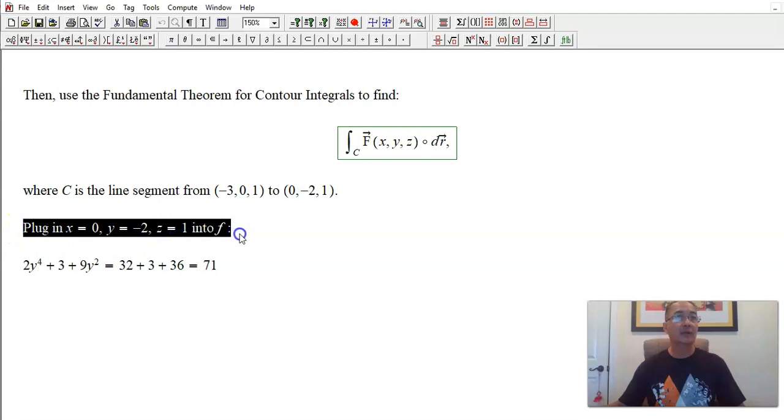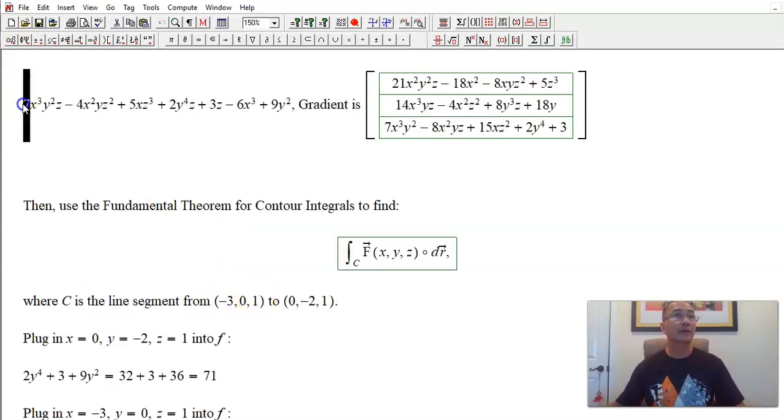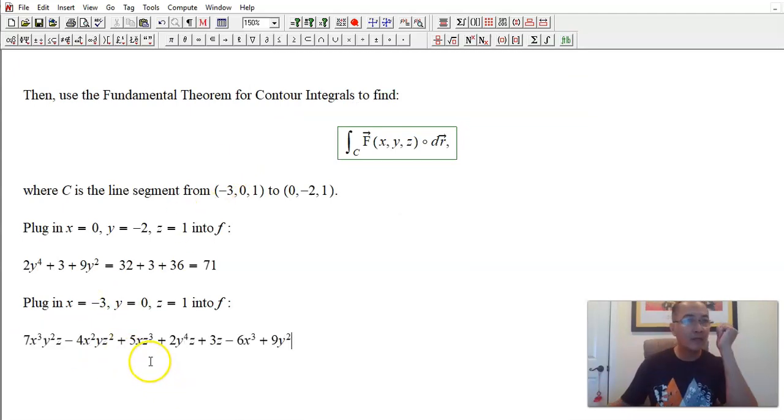Next we take the initial point. Now we plug in x equals -3, y equals 0, and z is still 1 into f. Get back here and get it here. This time y is 0, so goodbye, goodbye.